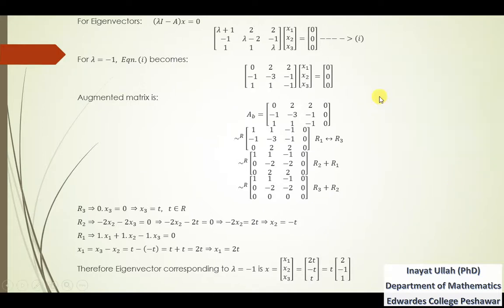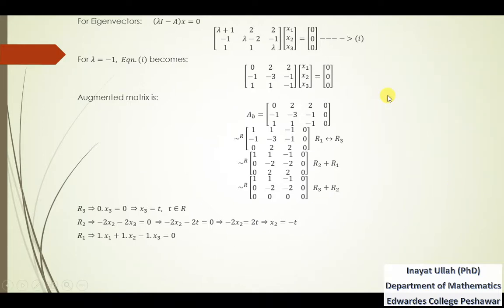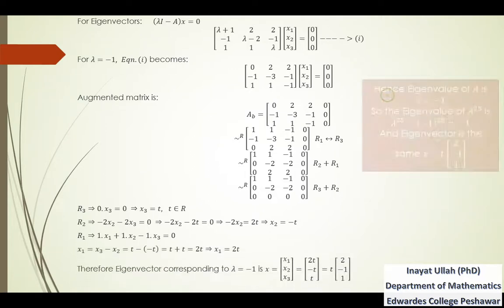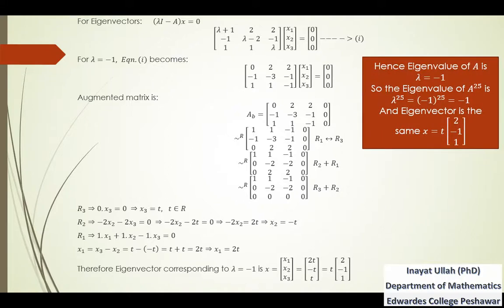So taking the 25th power of both sides, lambda power 25 is equal to minus 1 power 25, but minus 1 power 25 is minus 1. So the eigenvector is the same, that will not be changed, the same vector will be there. So that is the eigenvector of A power 25.